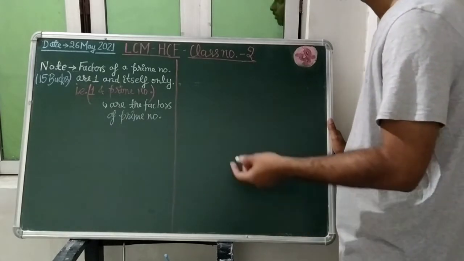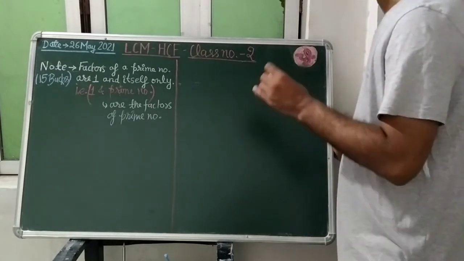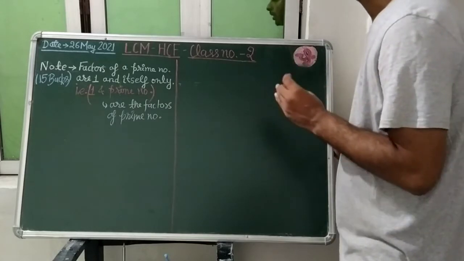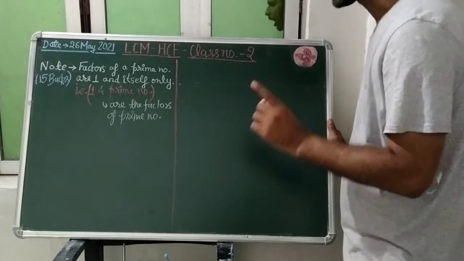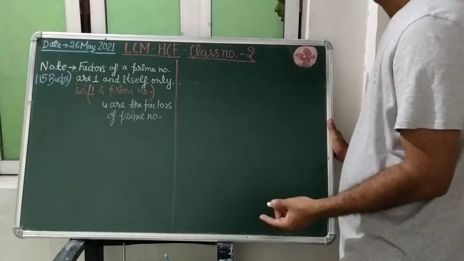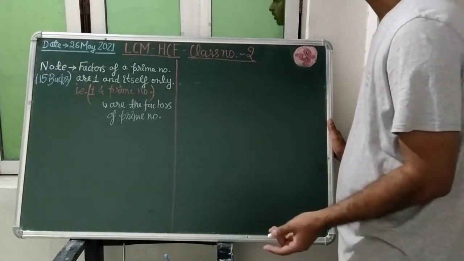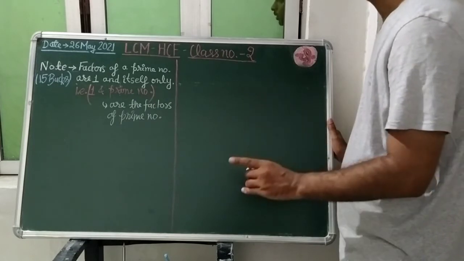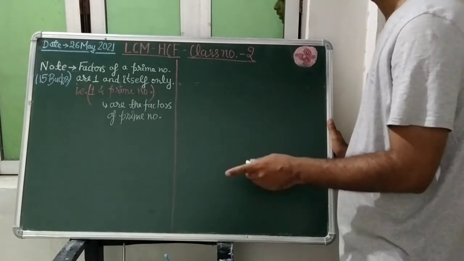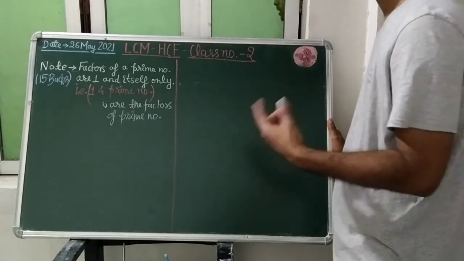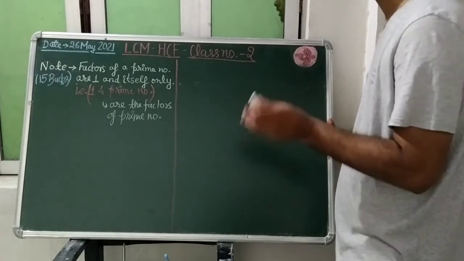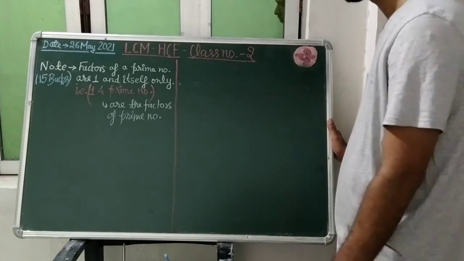And when we were asked about the factors of 11, to find the factors of any number we check which number from 1 to 11 is going to divide the given number.